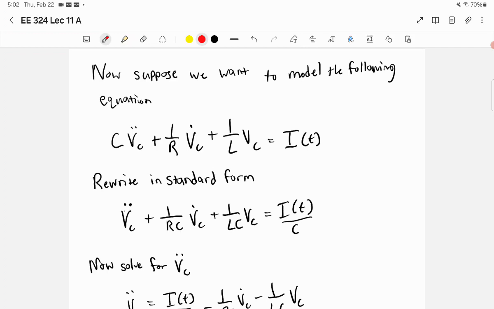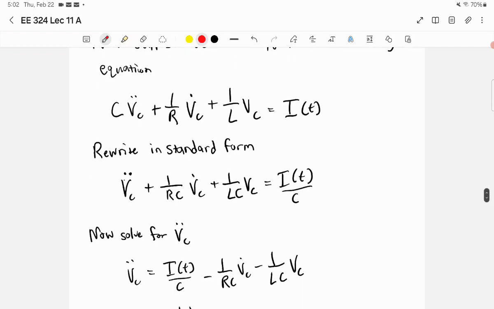So we will first rewrite this in standard form because it's much easier, not that we have to. We could obviously run that through some kind of gain block, but it's easier if we write it in standard form, which is dividing through by C in this case, so that we get the highest order term, the vc double dot term, by itself.